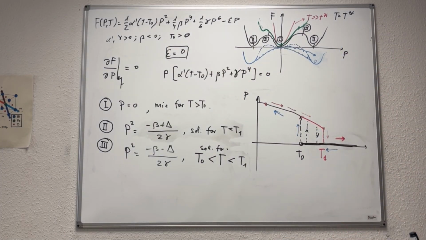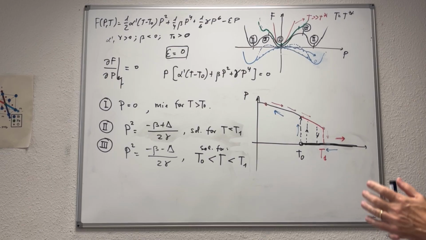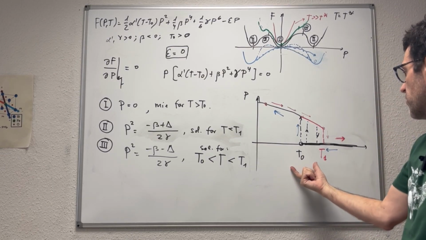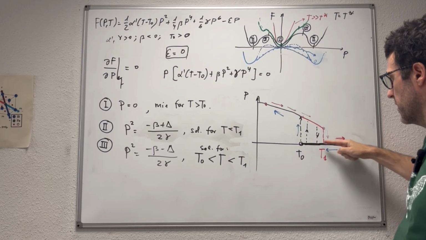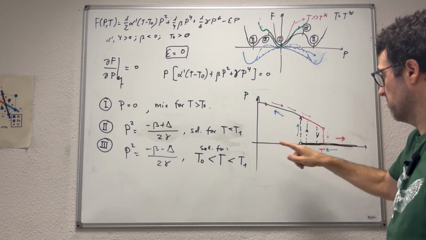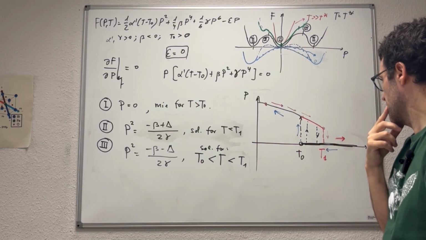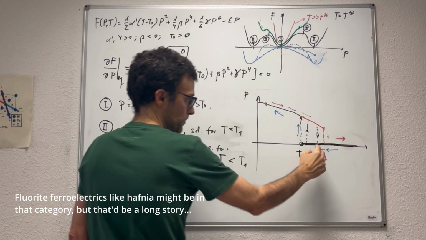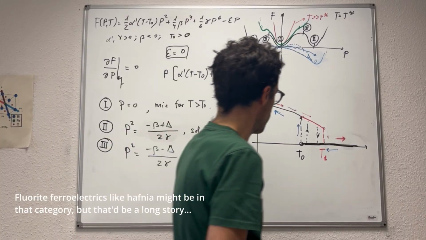Final point is that, well, a couple of final points. Imagine that we have T0 negative. That would correspond to a system where in principle this state can survive down to 0 Kelvin. Okay, I'm not sure there are many experimental examples of that. Right now, none comes to mind in the field of ferroelectrics.